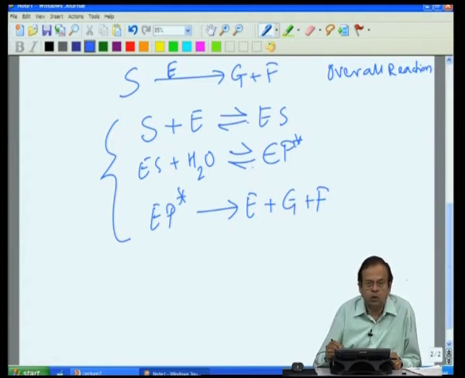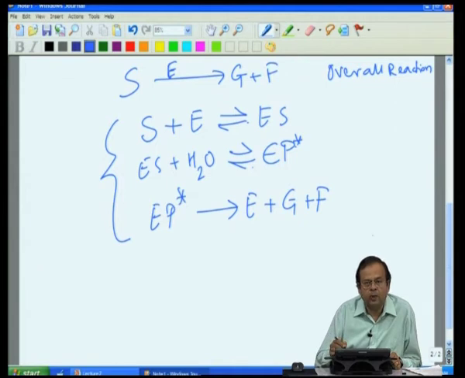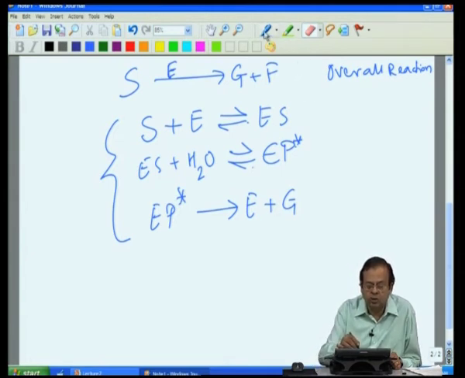Now, there are several things to be remembered when we write the mechanism. The mechanism of a reaction must explain the conversion of a reactant to the product. For example, I cannot have a mechanism of a reaction in which this fructose is not there. This is not a complete description, because the overall reaction over here has a product fructose, but if we omit fructose from our mechanism, then this is not a correct mechanism.